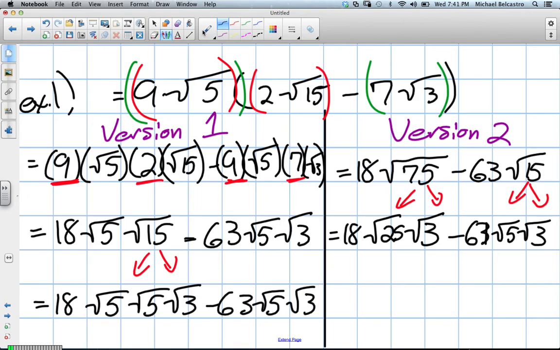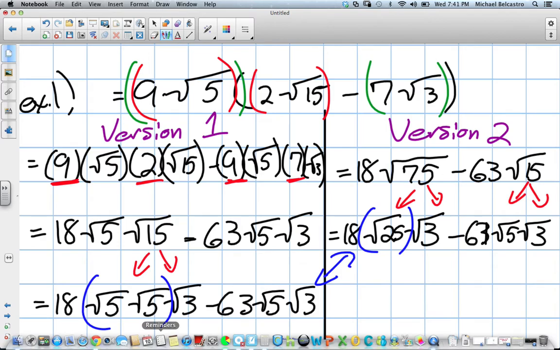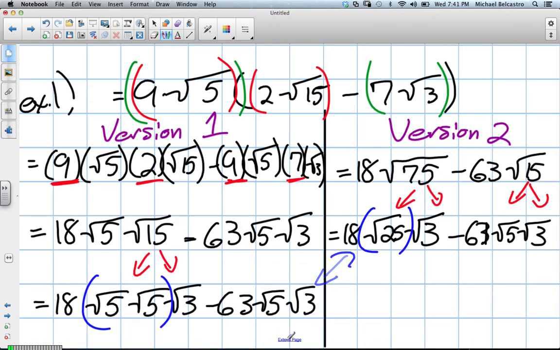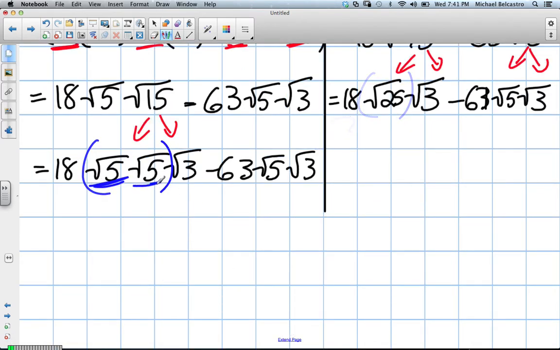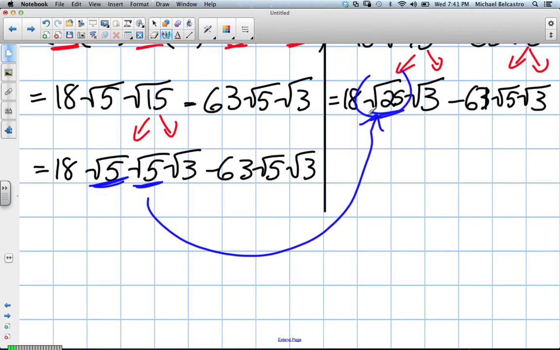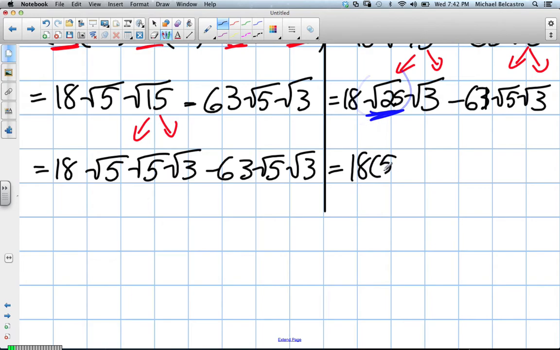Now, we're very similar here. The only difference is this is root 25, and this is root 5 times root 5. Okay, I want to show you the difference here. We already know that. What's root 5 times root 5? Root 25. So let's kind of skip a step. What's the square root of 25? 5. So this becomes 18 times 5 times root 3.